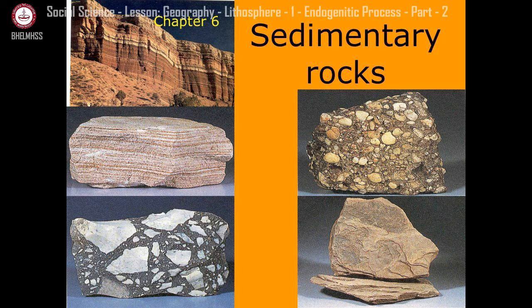You can see the water running through various places or the air flowing. Whenever they move in a very rugged, forceful way, they carry a lot of rocks, sand, soil, dust, everything along with them.